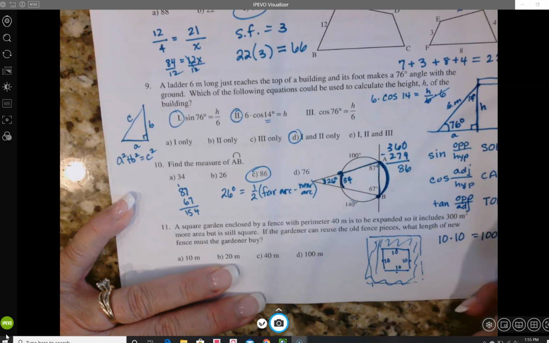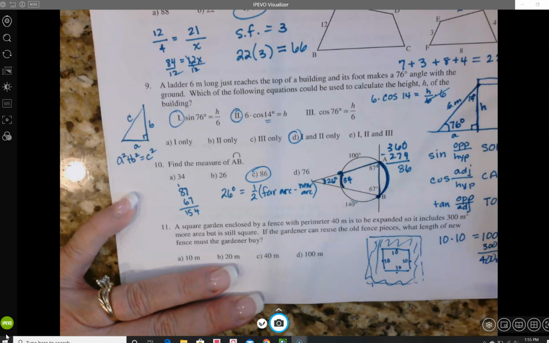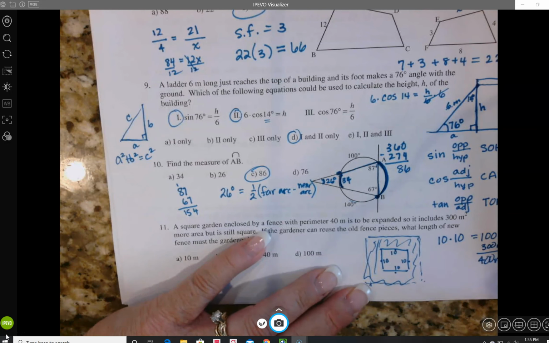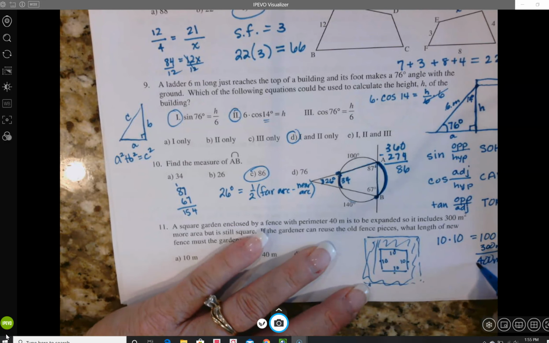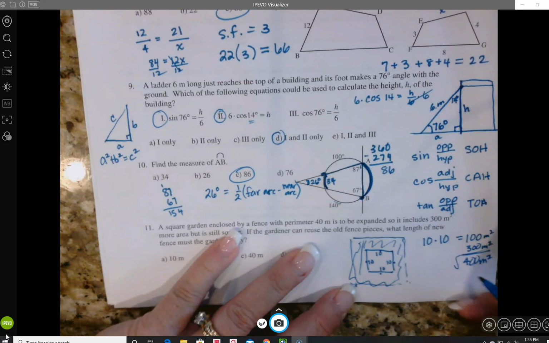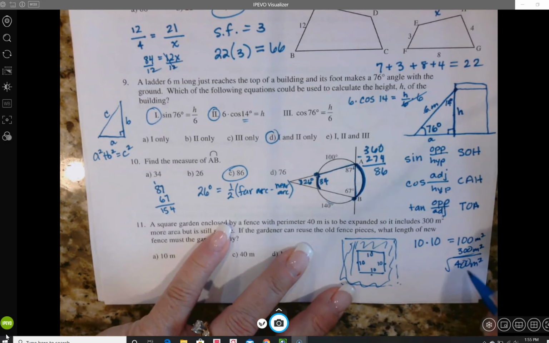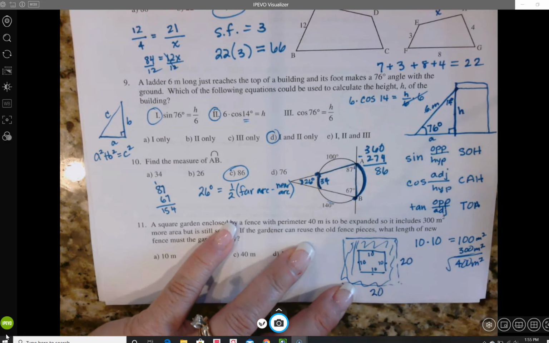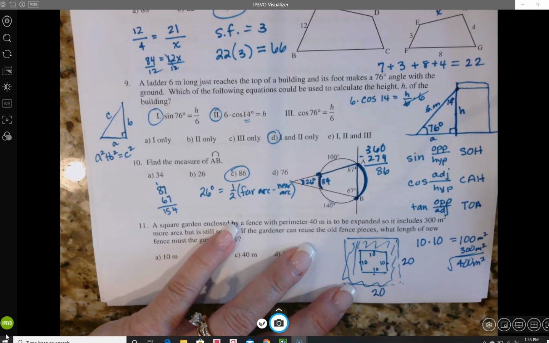So the original was 100. We add the new 300, and we get 400. So if I have a new garden that has an area of 400, I can take the square root of 400, or I can ask myself what number times itself will give me 400. And I find that the new garden is going to be 20 by 20.